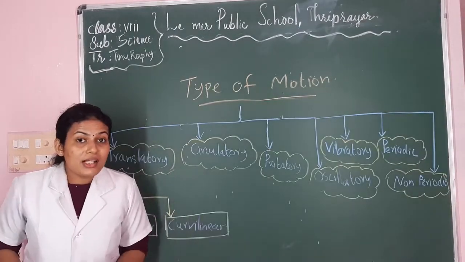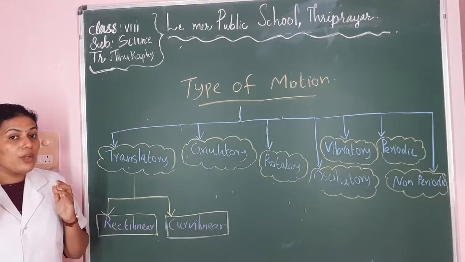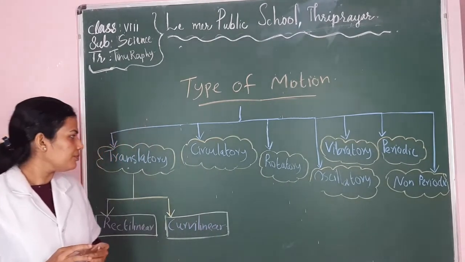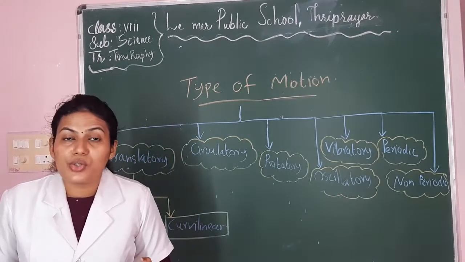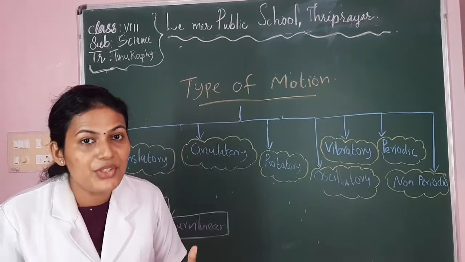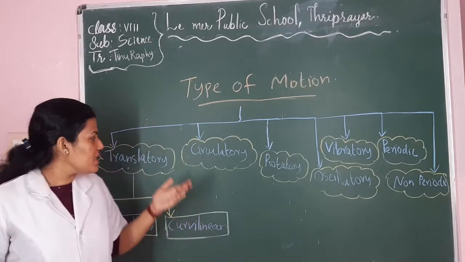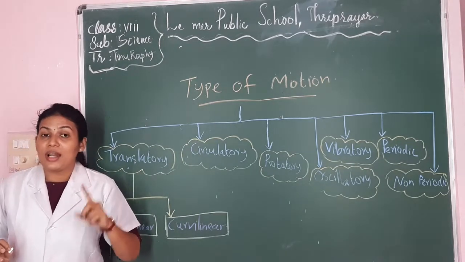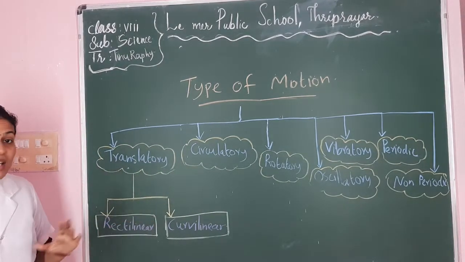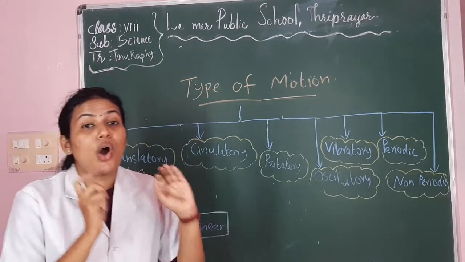So children, in today's class we learned about 7 types of motions, and we understood how the motions are classified based on the movement of the objects. There are 7 types of motions. The first one is translatory motion, which is divided into 2 based on the path the object follows.